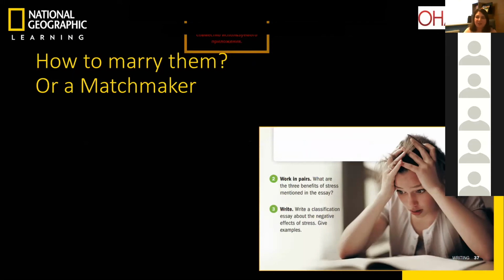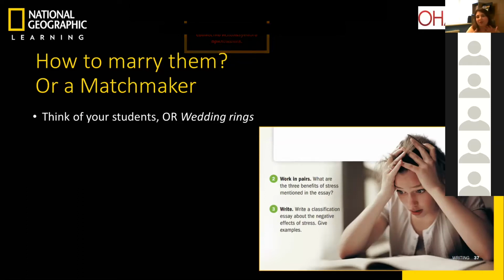I will give you a hint first. So the first most important factor which we need to keep in mind is, of course, our students. So when we want to make an activity, to somehow adapt or change the task, then students are our priority.